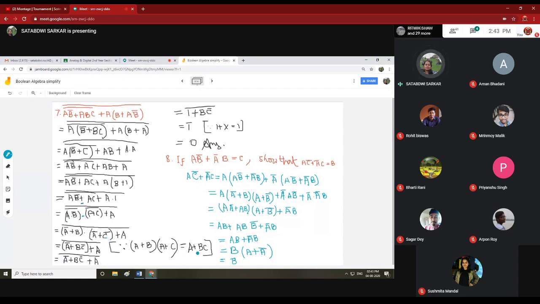So this is bc, but we get b c bar. Now a bar plus b c bar plus a. If we take here a and a bar, that's why this is 1 plus b c bar, and this is whole complement, so 1 plus x equals 1. So this is complement of 1, so the output is 0.